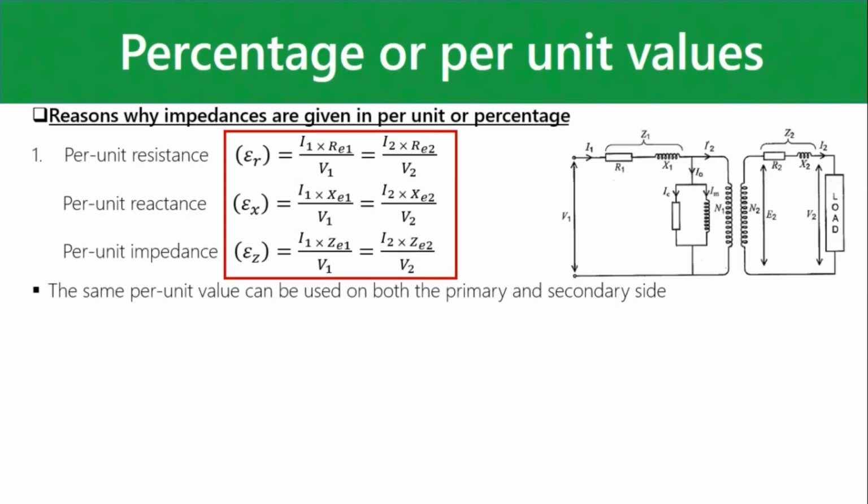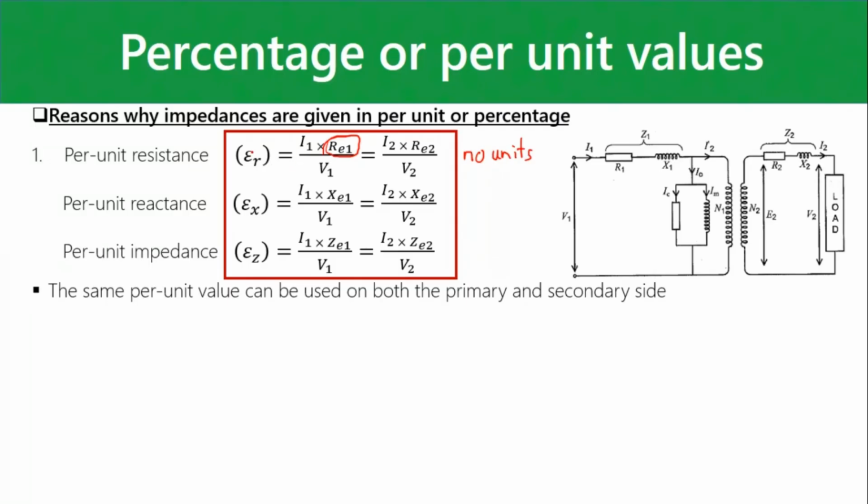Get it there. All right, then when you have a transformer, you'll see that it's got a nameplate on it with all the data about it. And you'll see that the resistance and reactance values are more likely than not given in ohms, in per unit, or percentage values. So what it means is, let's say we worked out our RE1. Now our per unit value has no units, so there are no ohms or anything. Okay, it's just a number.